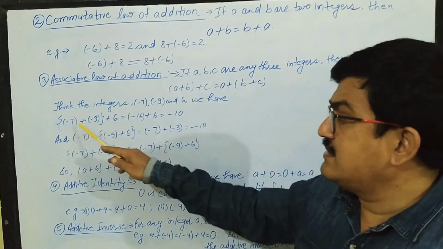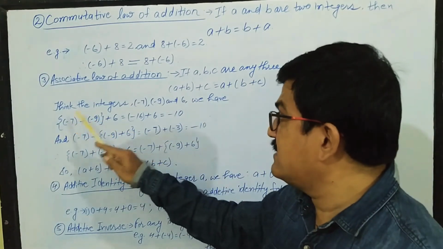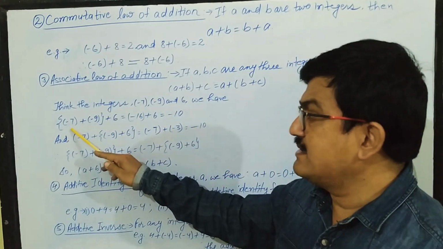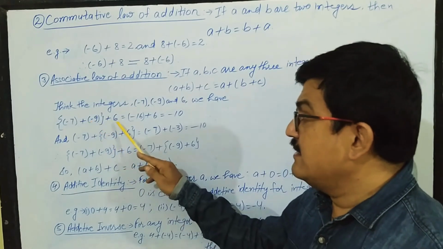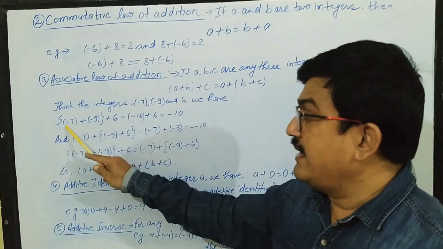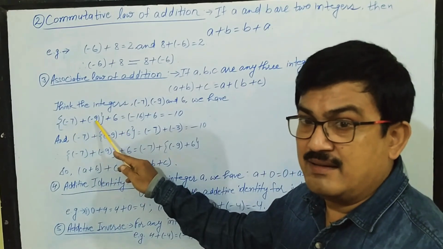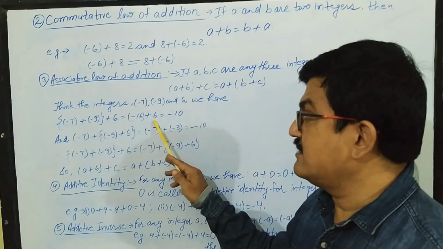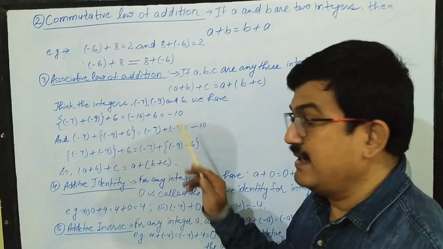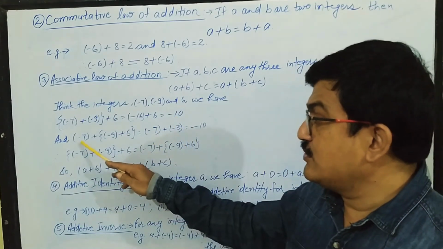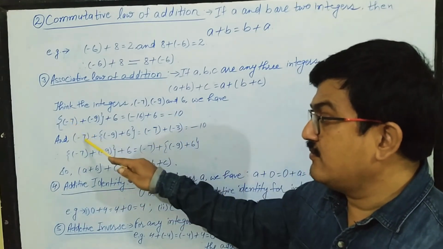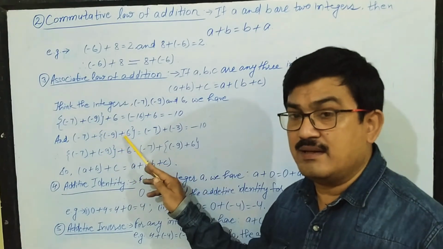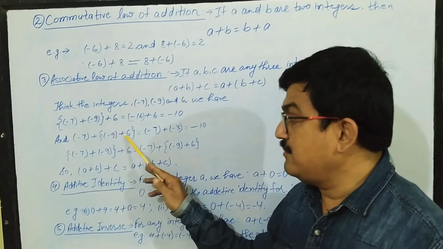-7 plus -9, then plus 6. -7 plus -9 is -16, plus 6 is -10. Here also we have -7, and I have added the bracket first: -9 plus 6.